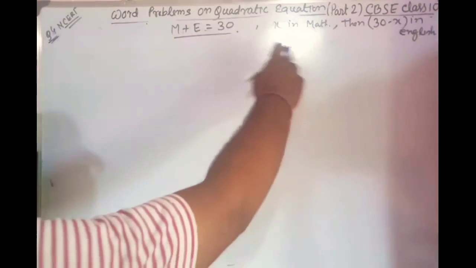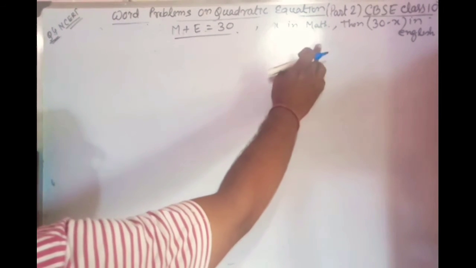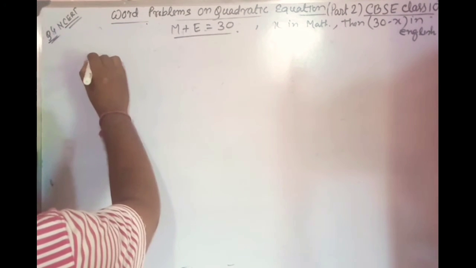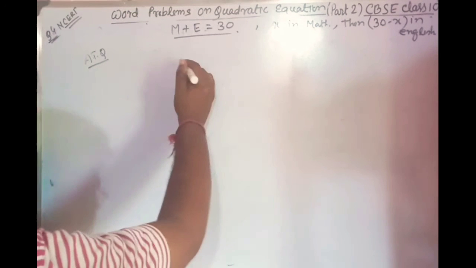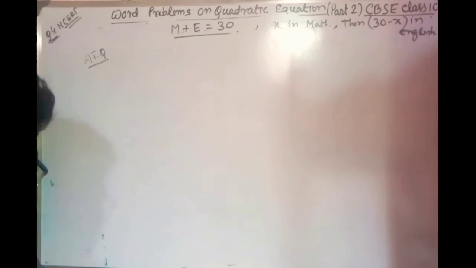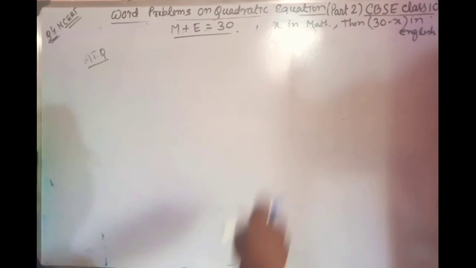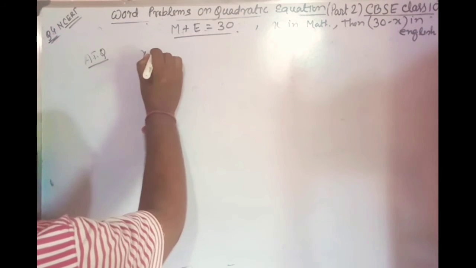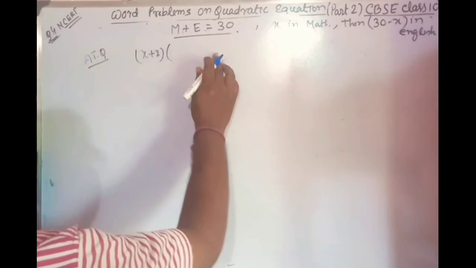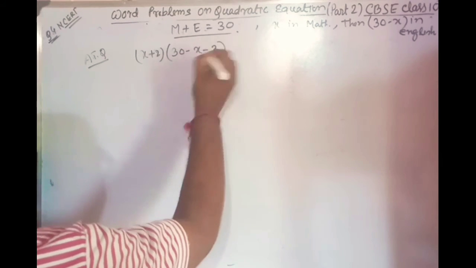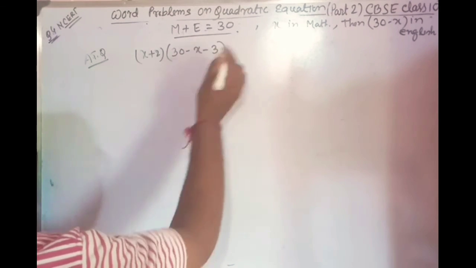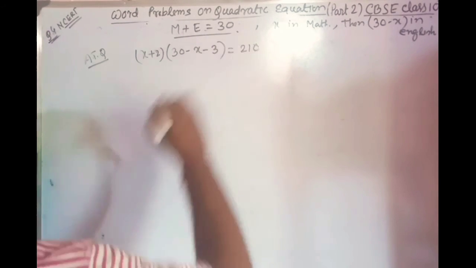So according to the question, x plus 2 into 3 marks less, 30 minus x minus 3, and the product is 210.